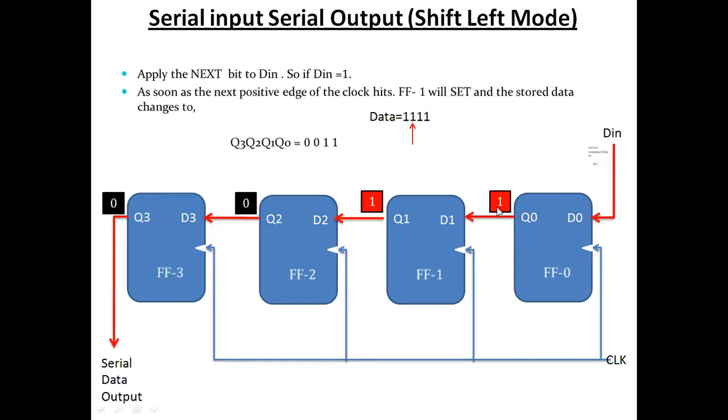The Q0 will transfer to Q1, Q1 will transfer to Q2, and Q2 will transfer to Q3. Like this way, if we apply another 1, the third one, then output will be 0, 1, 1, 1. And finally, when you apply another bit and clock pulse, then all 4 outputs will be available at the 4 output ports of the flip-flops.